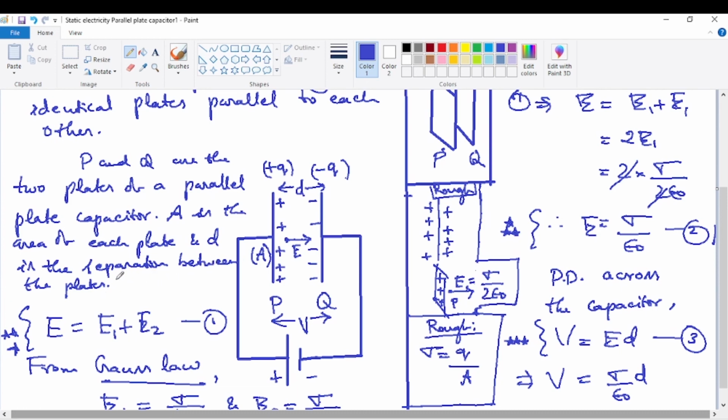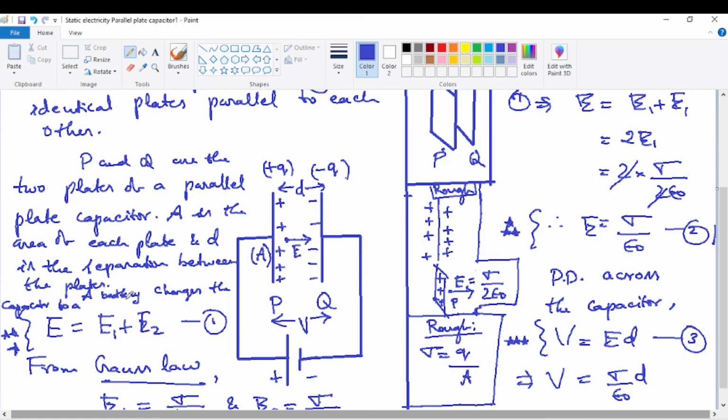So next, a battery charges the capacitor to a... So you see, I'm writing very small letters because there is no place here.